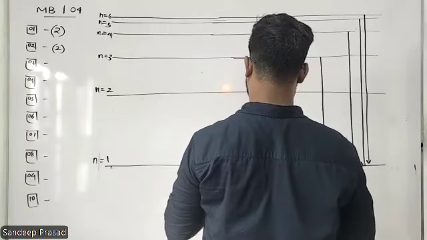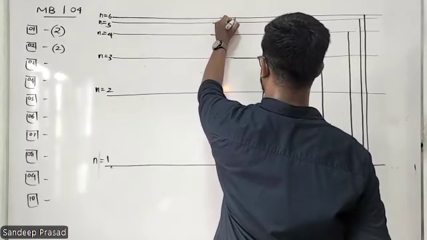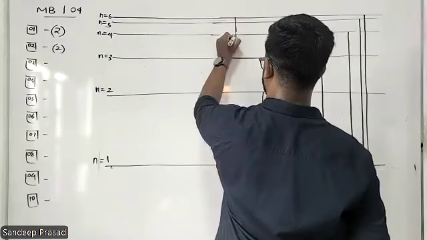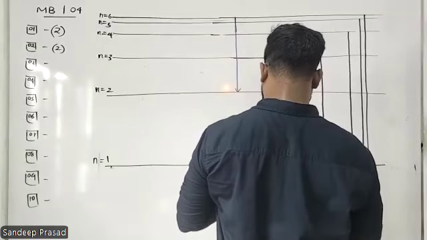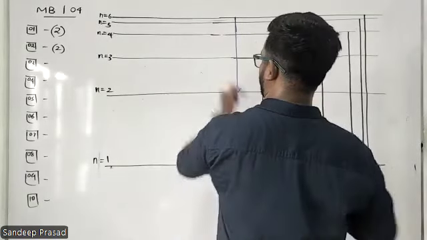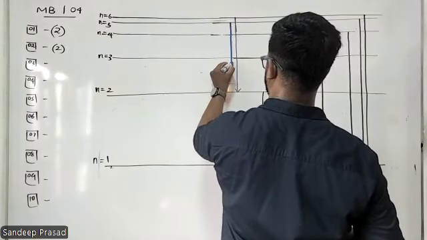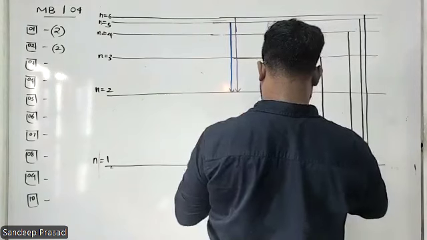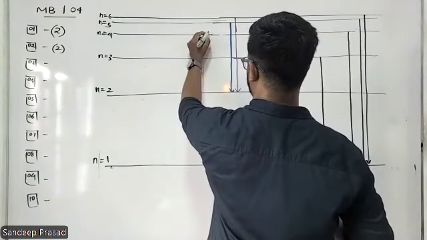First of all, let me consider 6 to 2, which is purple color, violet color. 5 to 2 in this way. 4 to 2.